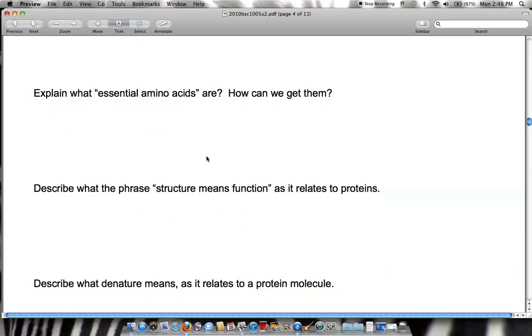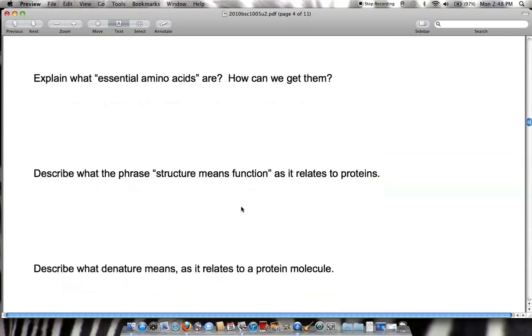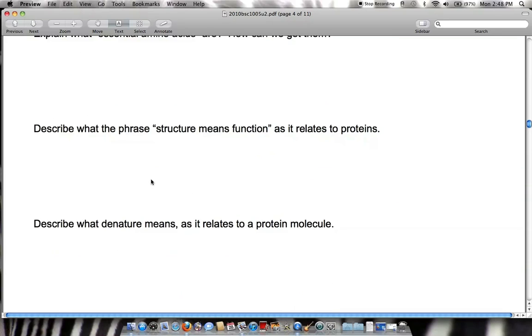Moving right along. Structure means function. This really deals with the enzymes, and they specifically are structured to fit specific molecules and either break them apart or bring them together.